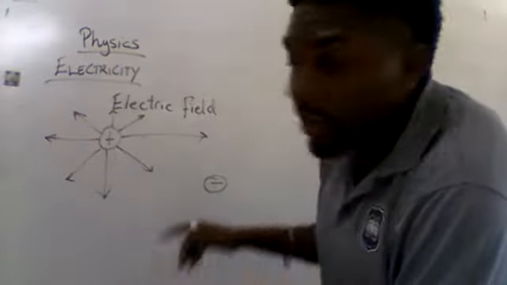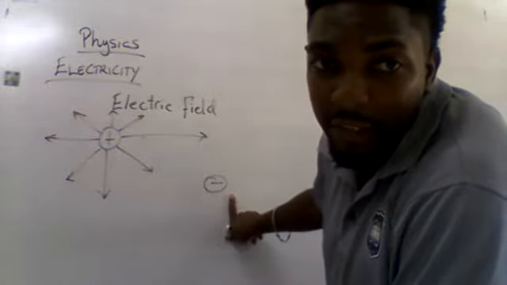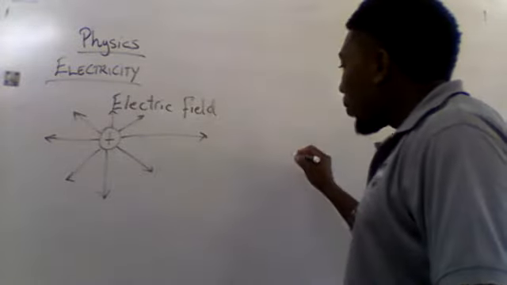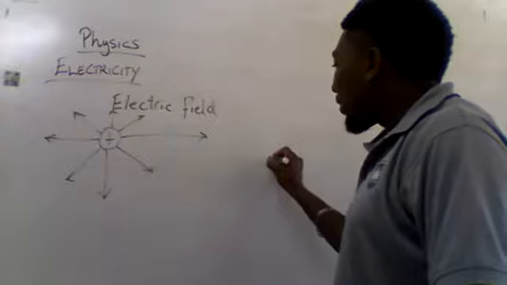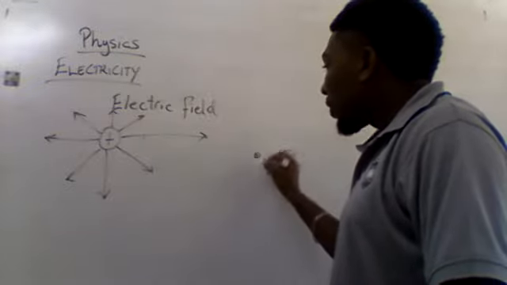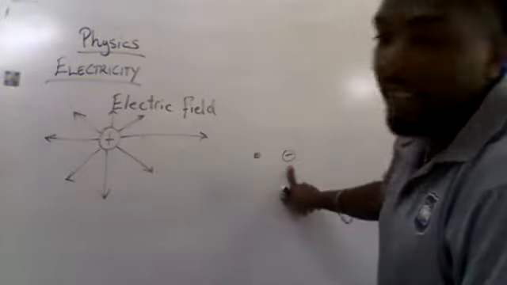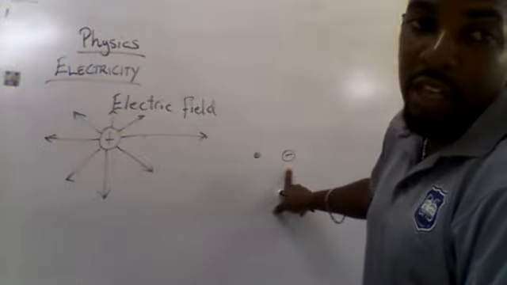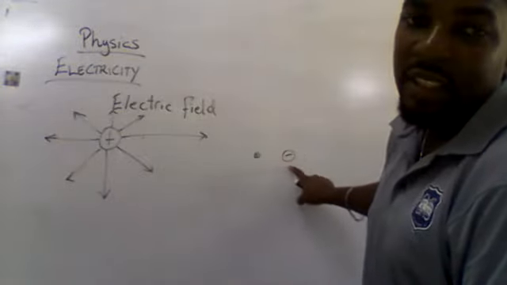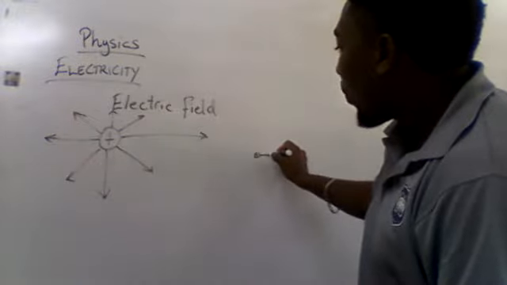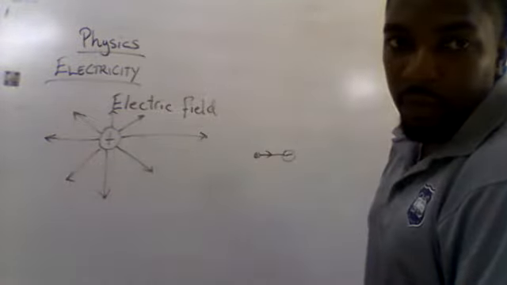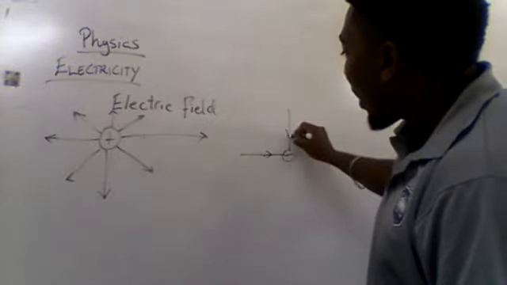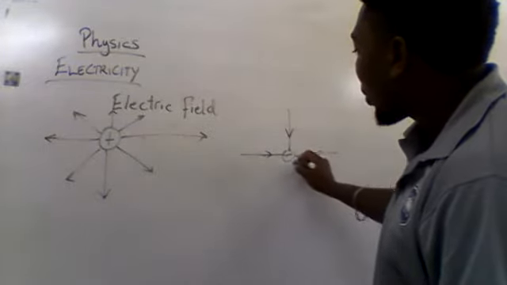Similarly, we're going to design the electric field of a negative point charge. How would it look? We use the same concept whereby we place a positive charge very close to this negative charge. What do you expect it to do? This much larger negative charge is going to attract that smaller positive charge, pulling it inwards. If we take this positive charge and place it at different points around, we realize that it keeps attracting the positive charge towards it.